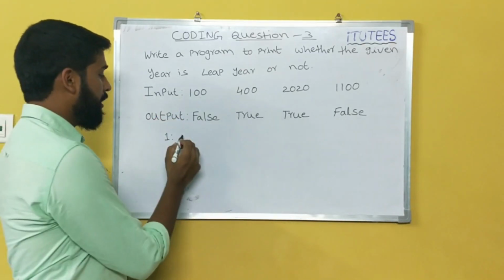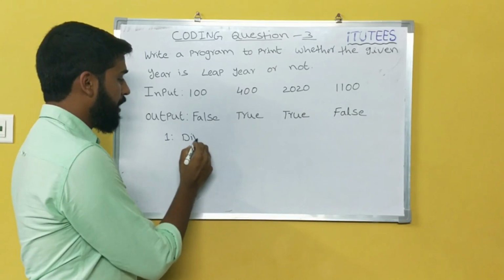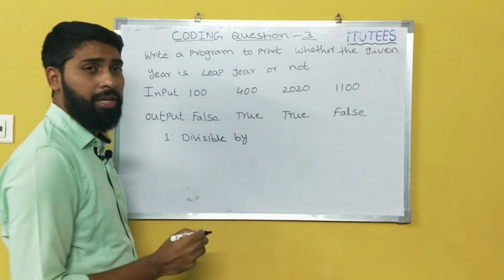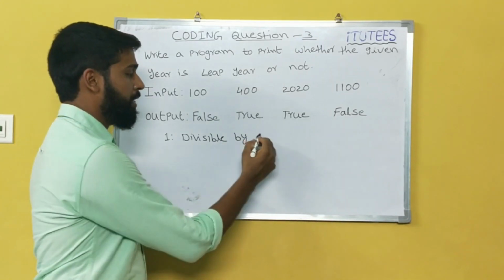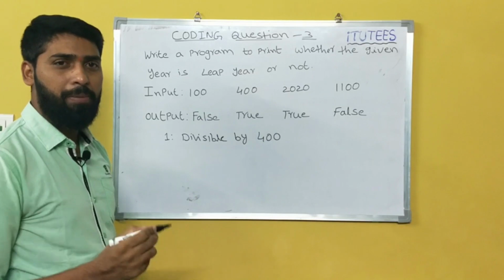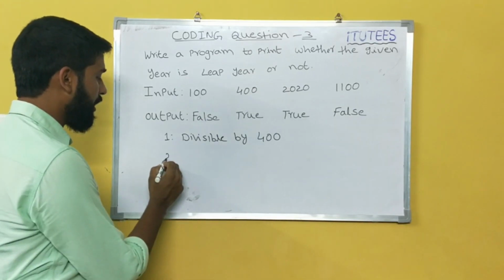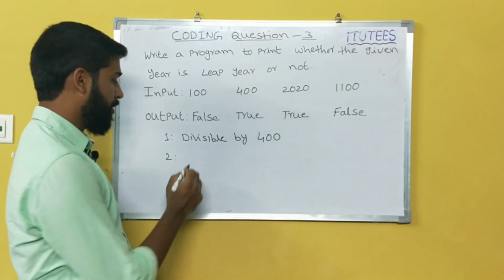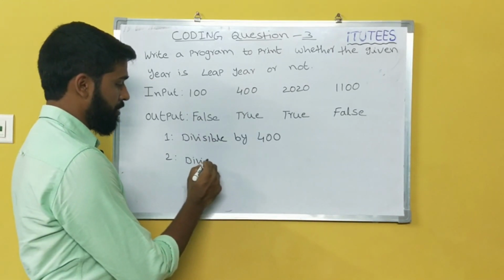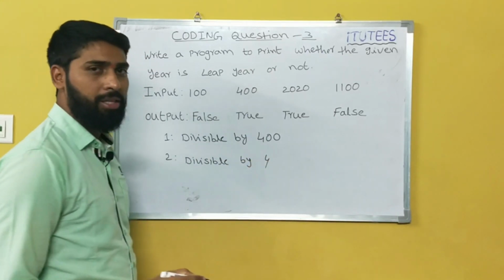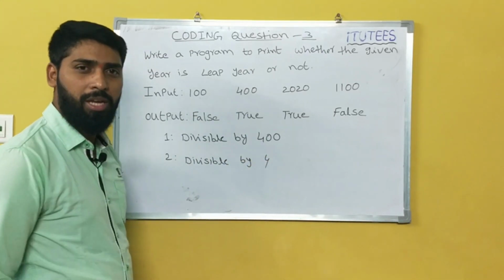Whether the number is divisible by 400, we can say that the given year is leap year. In the second case, if the given year is divisible by 4, then also we say that the given year is leap year.